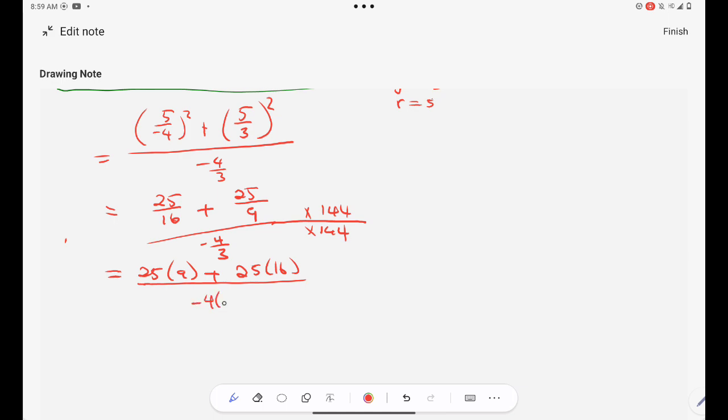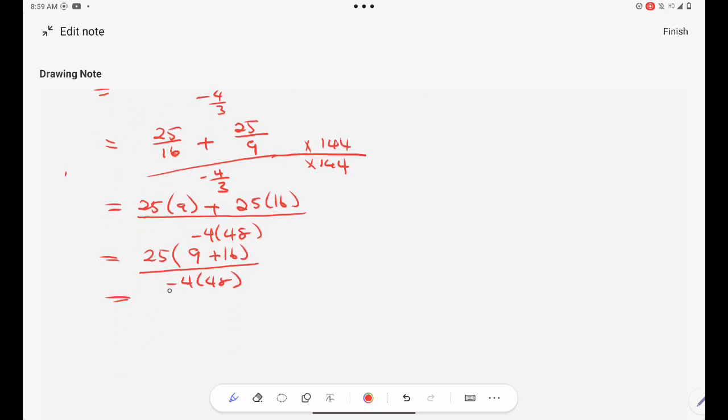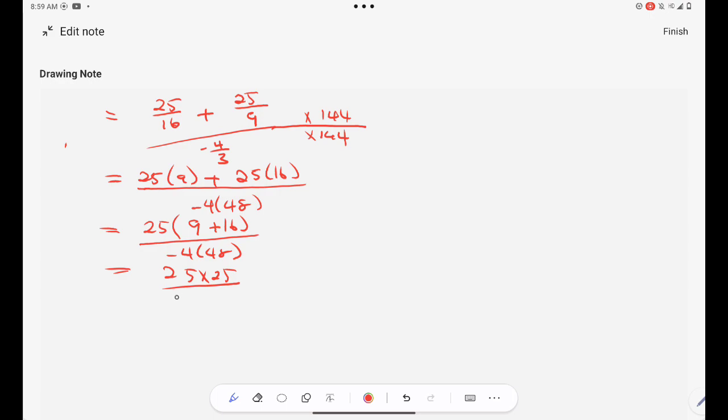So this is minus 4 times 48. I can take out the common factor there because I'm lazy to use my calculator. Just say 9 plus 16, this is 25, guys, multiplied by 25 all over 4 times 48. And then you can punch your calculator to find your answer.